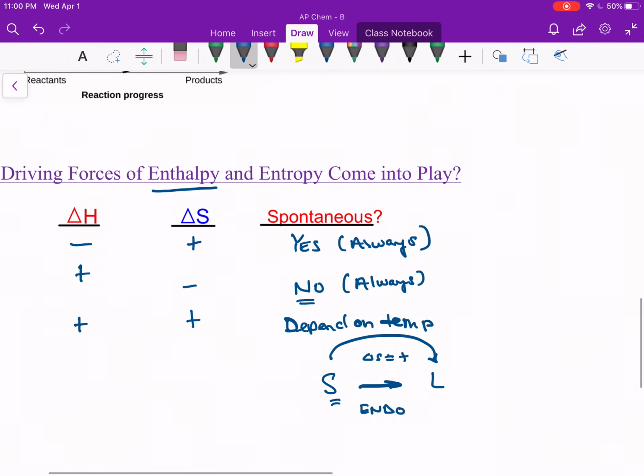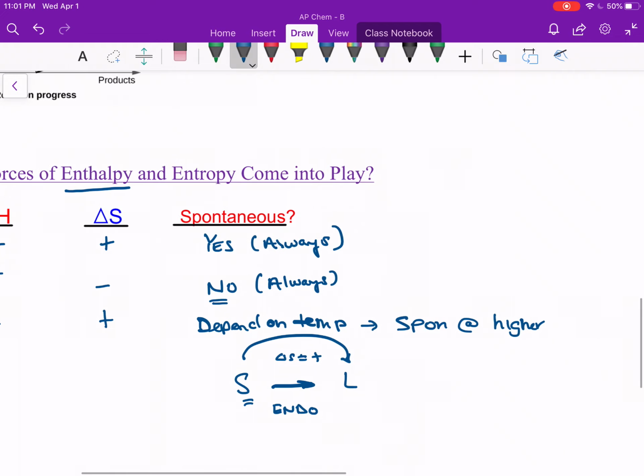And just as I said, in this particular case, where does it tend to be spontaneous? Well, it's going to be more spontaneous at higher temperatures than lower temperatures. Ice will melt at 25 degrees C, but it will not melt at -10, right? And so in this case here, we know it's going to be spontaneous at higher temps.